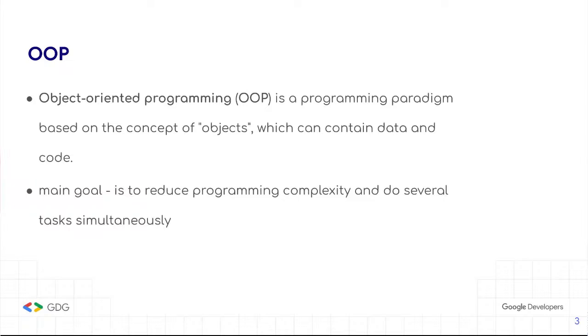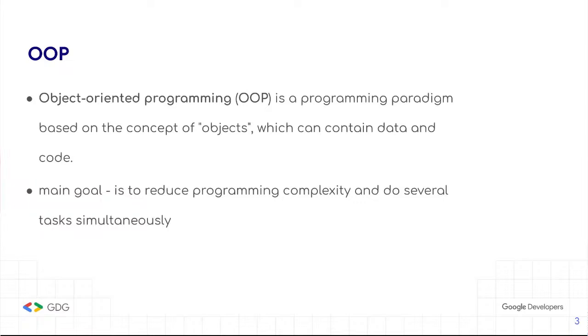So in simple words, whenever you write a Flutter program, or whenever you write code in your Flutter project, you might come across some objects and classes, especially if you're working with data coming from the API and transferring or sending it to the UI layer.